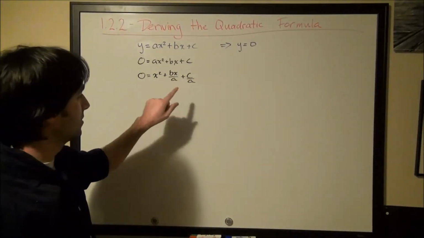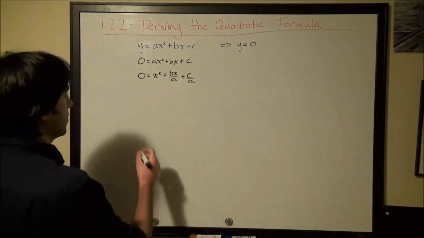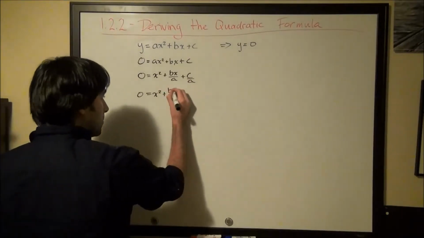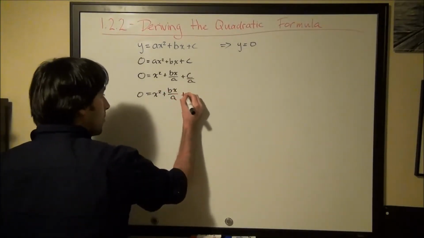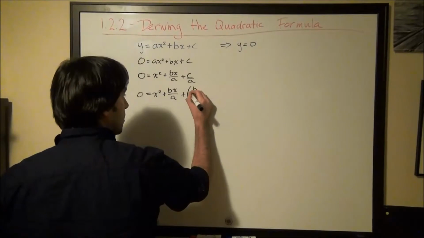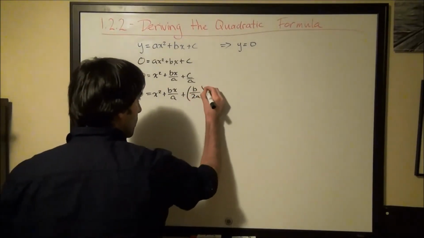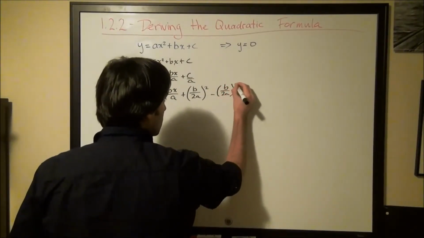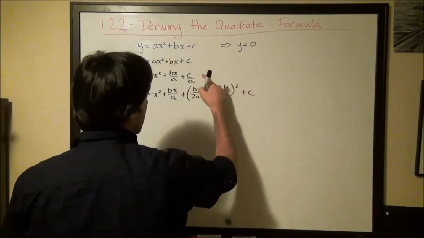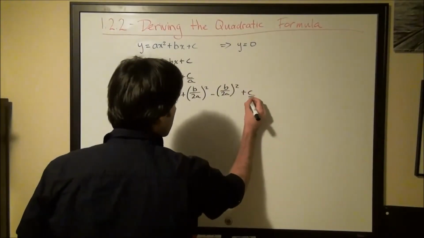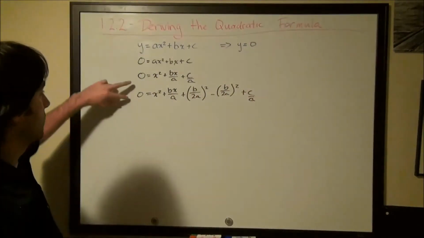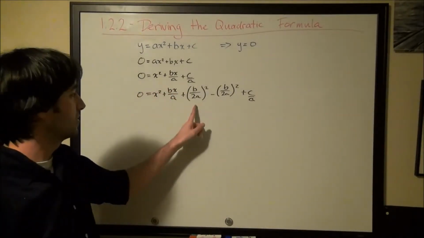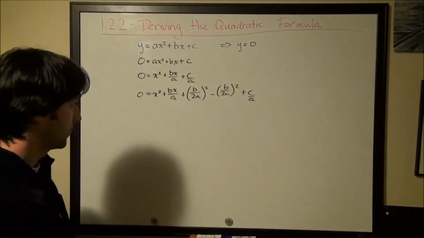So we need to add d squared and subtract d squared. So 0 will equal x squared plus bx over a plus b over 2a squared, and then subtract the same term. And then of course we still have to keep our c over a. We can convince ourselves that this function is unchanged, because these two terms cancel each other out.